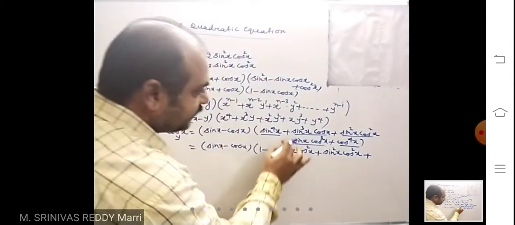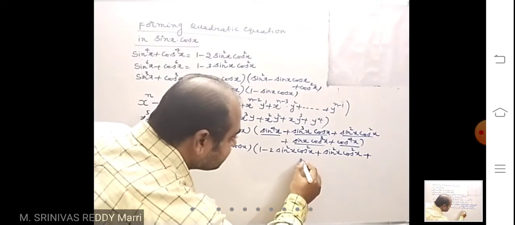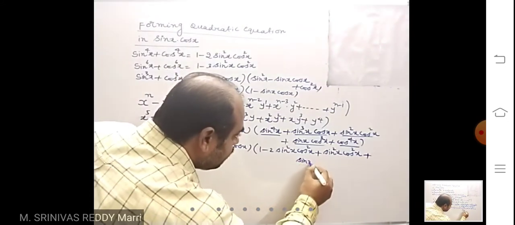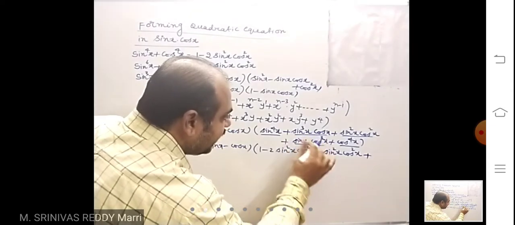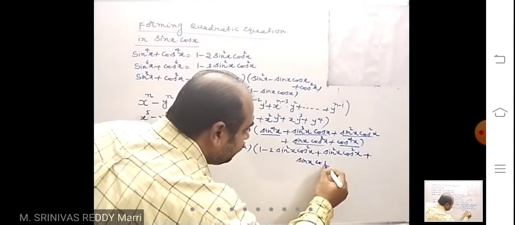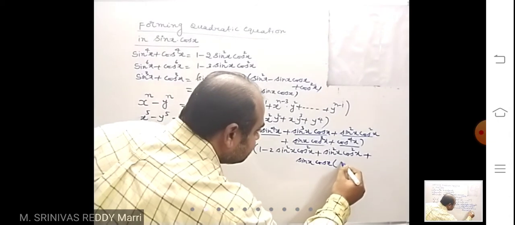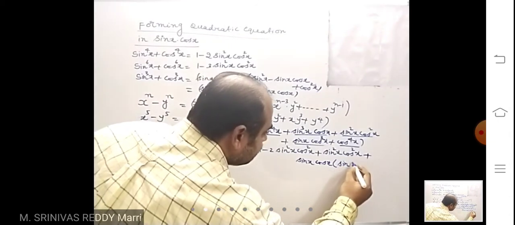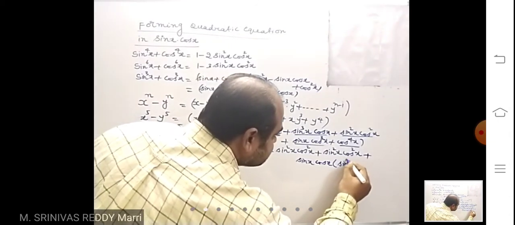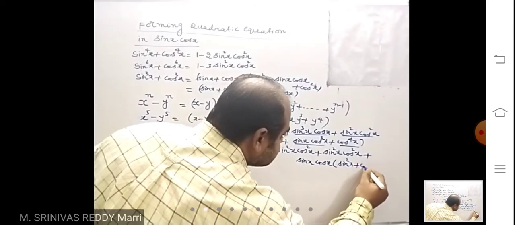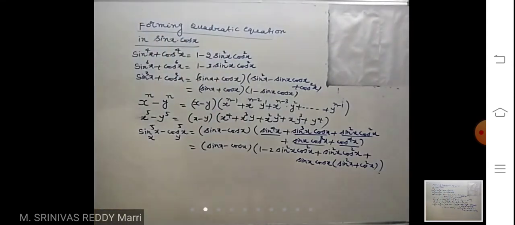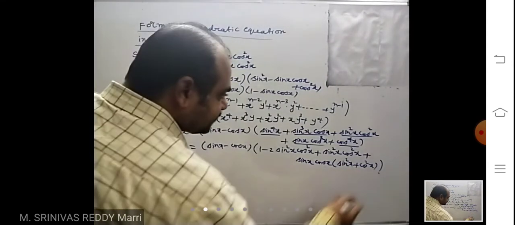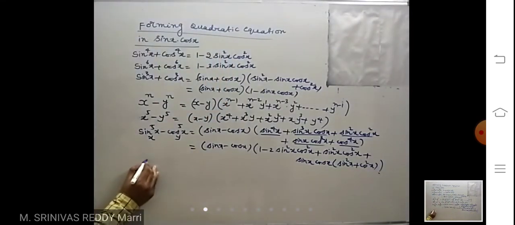These two terms, I am taking sin x cos x common from the second term and the fourth term. Look at sin x into cos x common. This you will get sin square x plus cos square x. Now sin square x plus cos square x is what? 1.